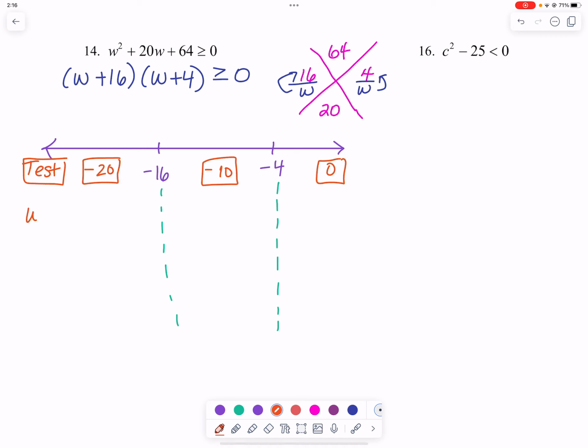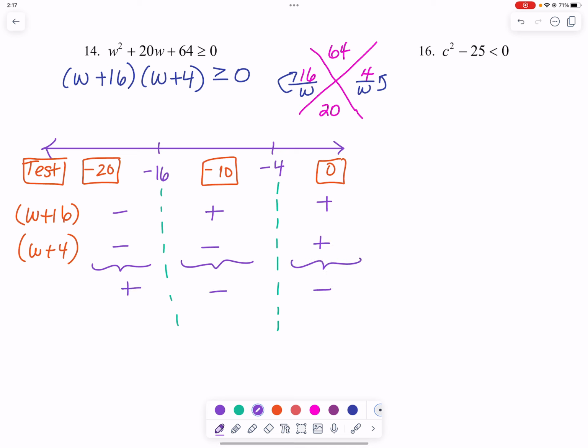We will write our factors, w + 16, w + 4. And plugging negative 20 into both those, we will have a negative and a negative. We will have a positive and a negative. And plugging 0, we will have a positive and a positive. So creating our chart, we now see we wanted greater than or equal.